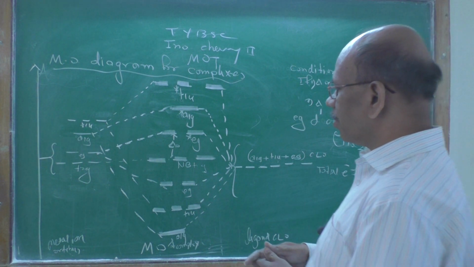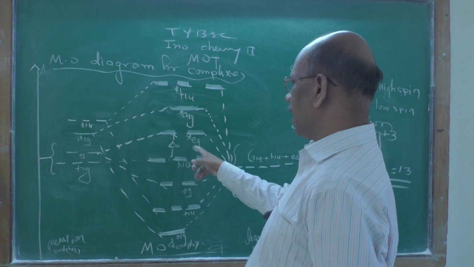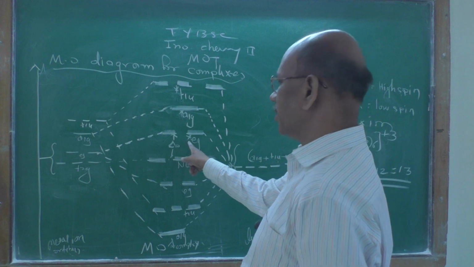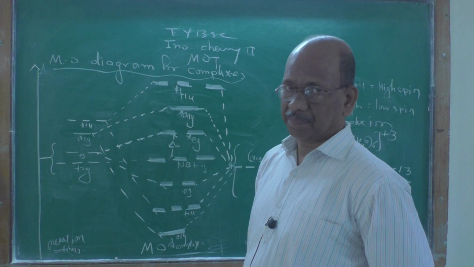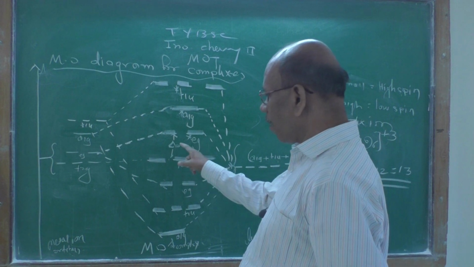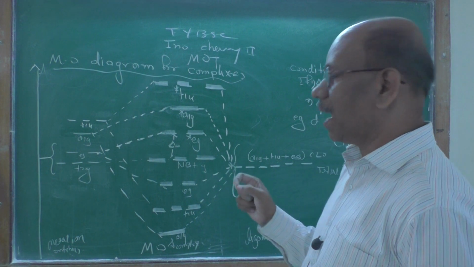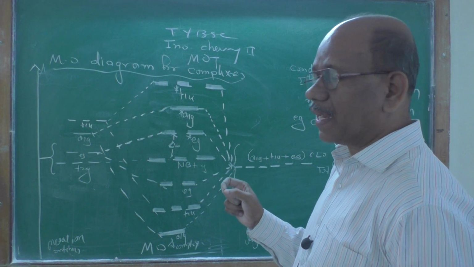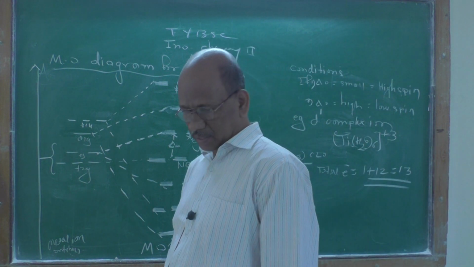Then if we consider the non-bonding T2g and the anti-bonding Eg orbitals, there is an energy gap. Depending upon this energy gap, whether it is small or high, we can explain high spin and low spin complexes.